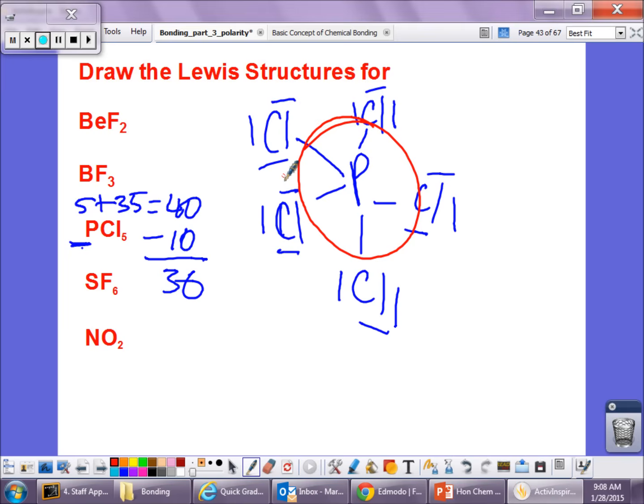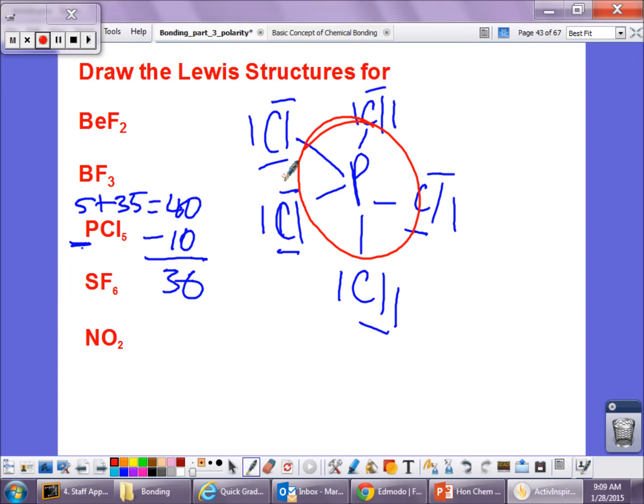Those elements can have an expansion of the octet. That means they can hold 10, they can hold 12 electrons on the central atom. Okay, I will repeat.